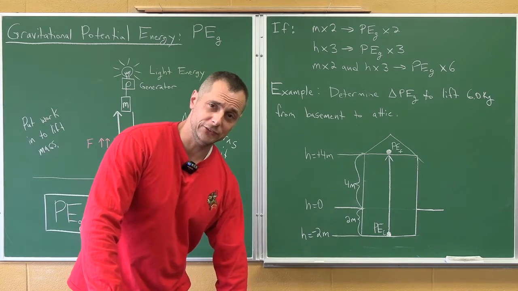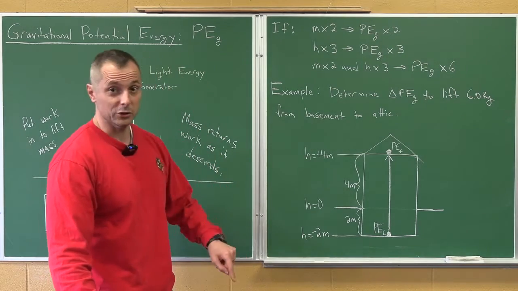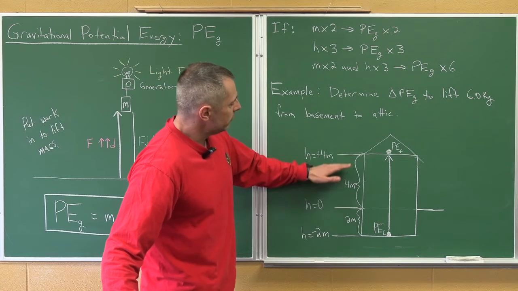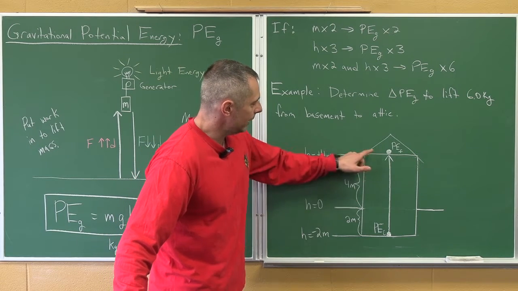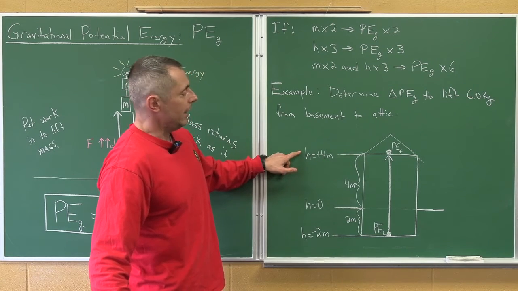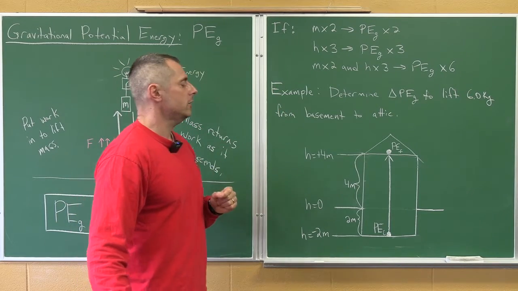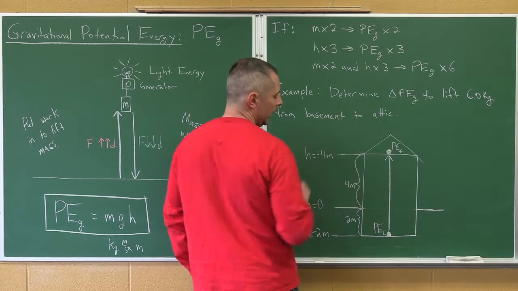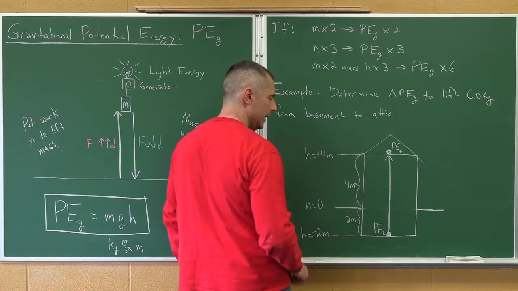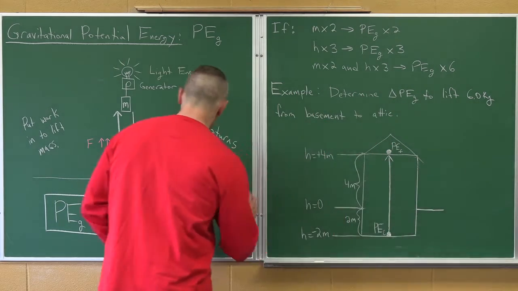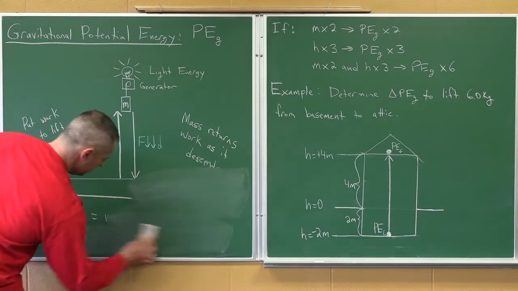I'm going below H equals 0, underground. This being 4 meters above ground level, the attic, I'm going to call that H is now positive 4, okay? And so what I need to do is calculate to determine the change, the initial potential energy and the final potential energy. So let's do that.